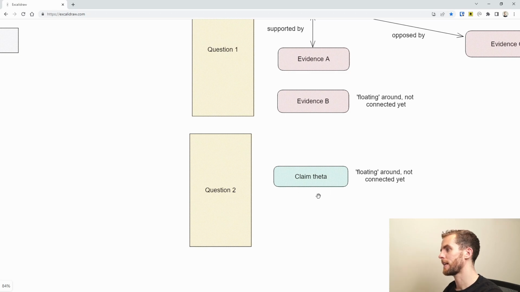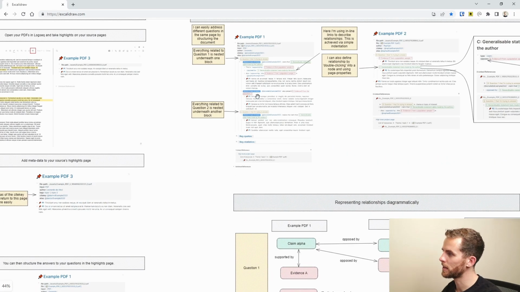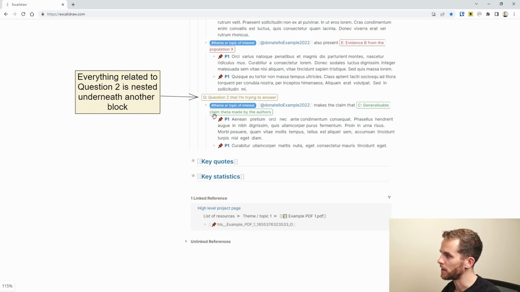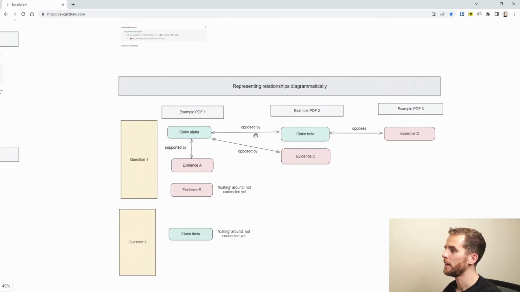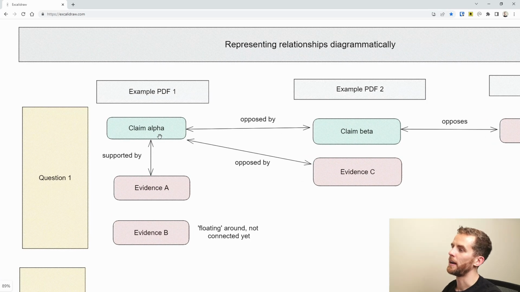Question 2, I have this claim theta. Again, it's not connected, it's over there. It's just floating around. It's indented underneath question 2, but I'll be able to find it later because I've indented properly over there. Okay, but now when I look at these relationships over here, that's one of the most important things in the synthesis process, where I've said claim alpha is supported by evidence A, and it's opposed by evidence C, and it's opposed by claim beta.